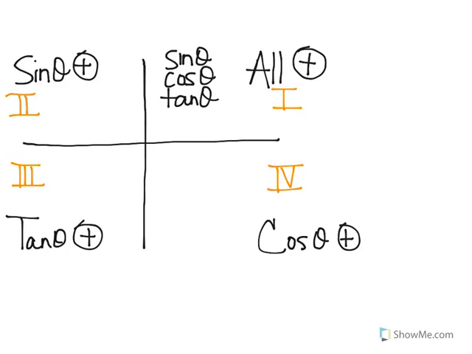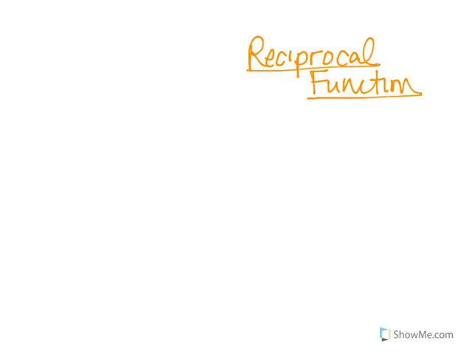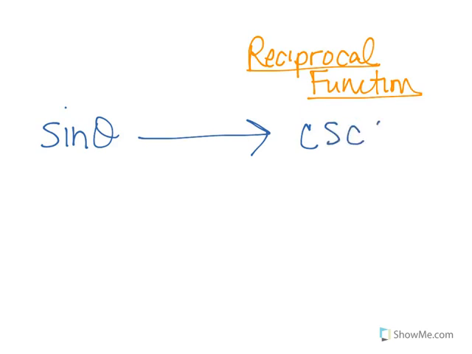Right? So we're actually going to be adding to this because there are 3 other trig functions, and these are the reciprocal trig functions for sine, for cosine, and for tangent. So the reciprocal trig function for sine is the cosecant function.